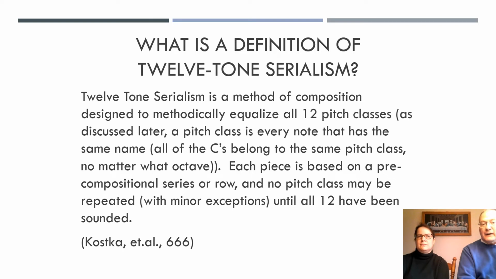Each work or piece is based on a pre-compositional series or row, and no pitch class may be repeated, with minor exceptions, until all 12 pitch classes have been sounded. And that came from Cindy's Music Theory textbook, which I believe you still work out of.